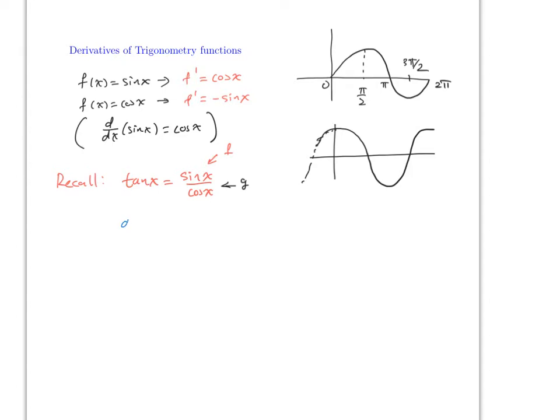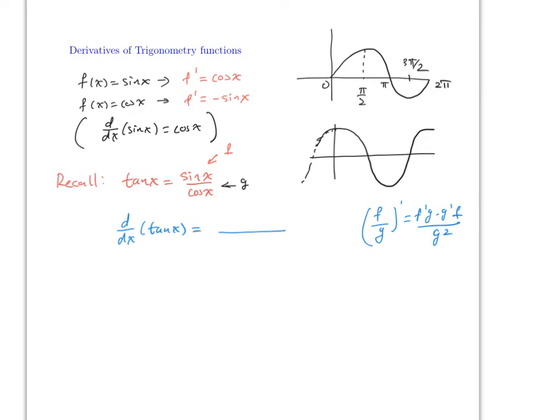Therefore, if we use the quotient rule, the derivative with respect to x of tangent x, remember the quotient rule is this: f over g prime is equal to f prime g minus g prime f over g squared.